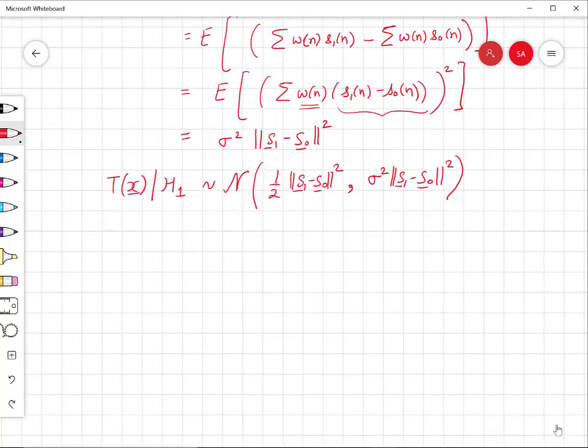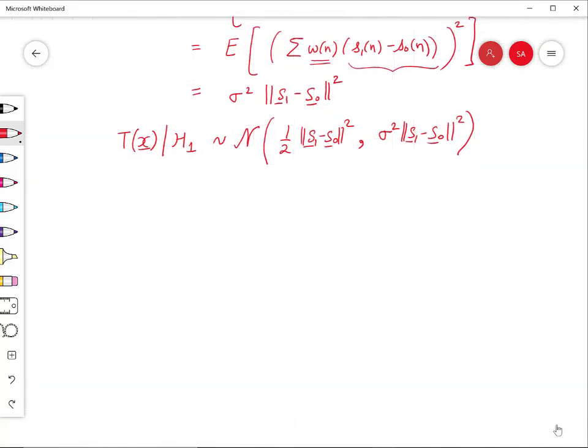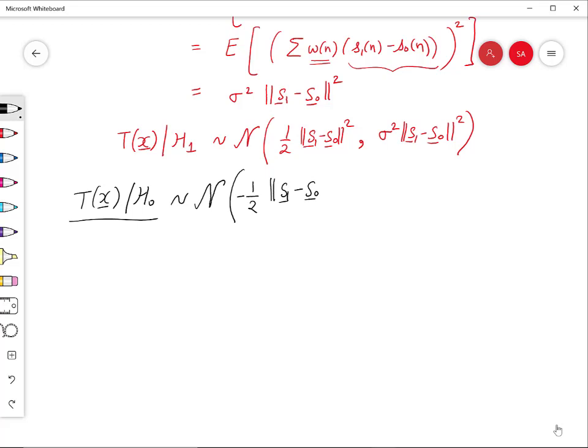Now we can also do the same exercise for T of x given H0 hypothesis, and I'm going to directly write its statistics. You can do a similar exercise for this case also, and this turns out to be minus half of S1 minus S0 norm square, and variance remains the same.